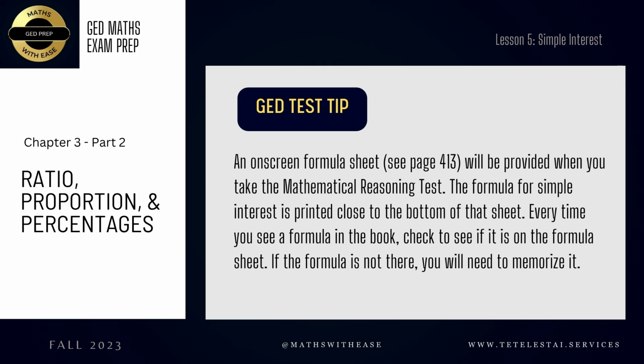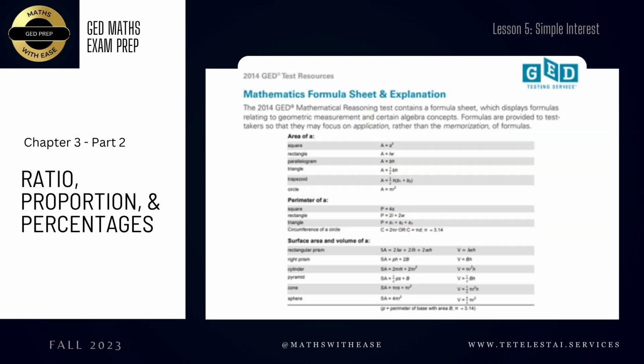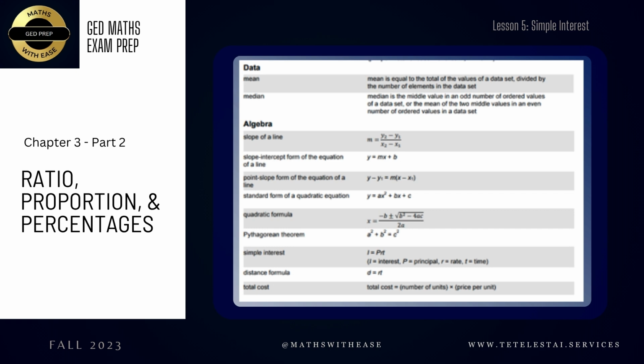Every time you see a formula in the book, check to see if it's on the formula sheet, and if the formula is not there, you'll need to memorize it. This is the formula sheet that I did find online. It might be a little bit hard to read, but closer to the bottom, you'll see the simple interest formula right there. I got this from GED.com.